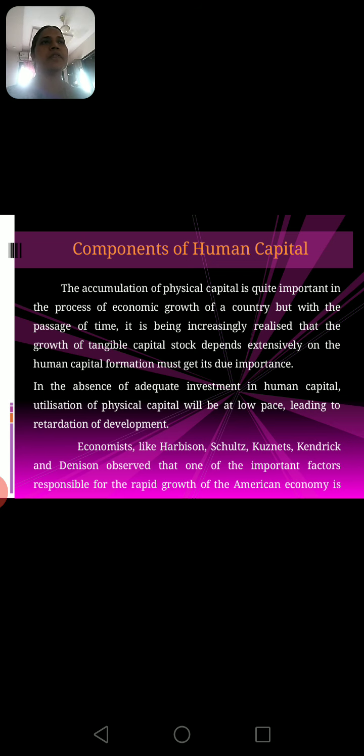In the absence of adequate investment in human capital, utilization of physical capital will be at a low level, leading to retardation of development.